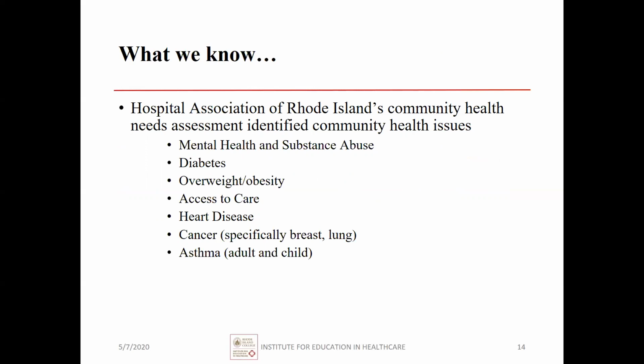What they discovered was the presence of significant mental health and substance use challenges, and a co-occurrence with issues related to diabetes, people struggling with weight and obesity, people not being able to access necessary care, coronary disease, cancer, specifically breast and lung cancer, and asthma. So this list here, we have the behavioral health challenges at the top. It's a reminder to us that they don't exist in a vacuum, that they exist part and parcel of some of the other life experiences and physical challenges that people have.